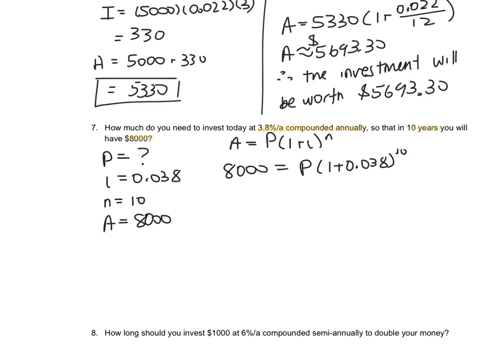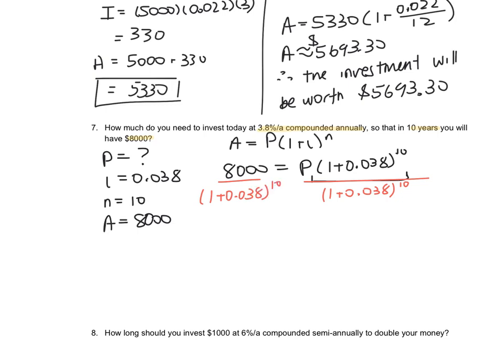And now, this portion here is just a number if you simplify it, but I don't want you to punch it into your calculator yet so that you don't lose accuracy. So I'm just going to divide both sides by this amount. And if you want to simplify the 1 plus 0.038 to 1.038 when you divide it out, that's perfectly fine, and that's probably what I would plug into my calculator anyway.